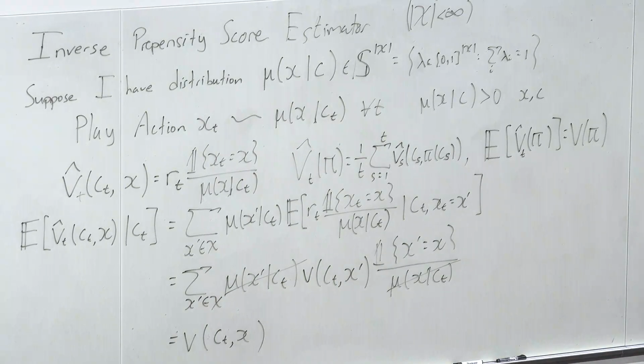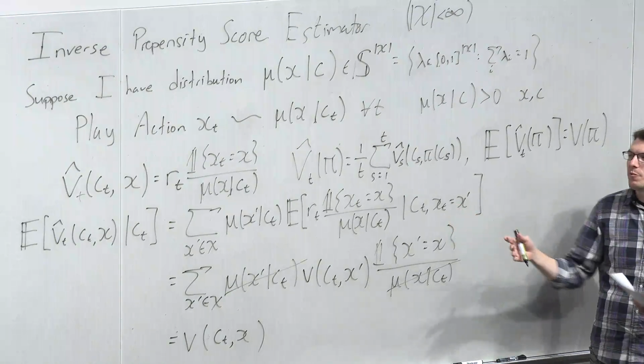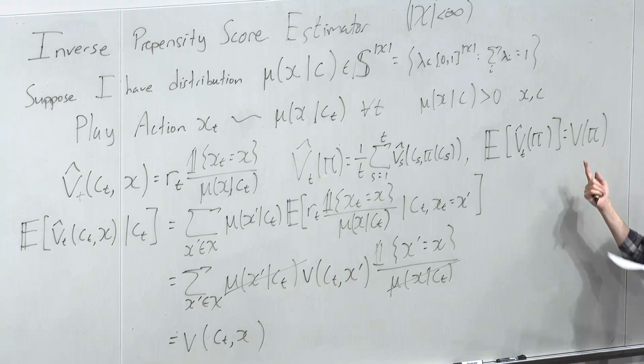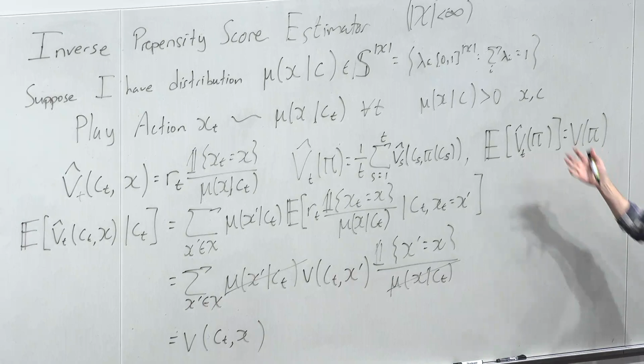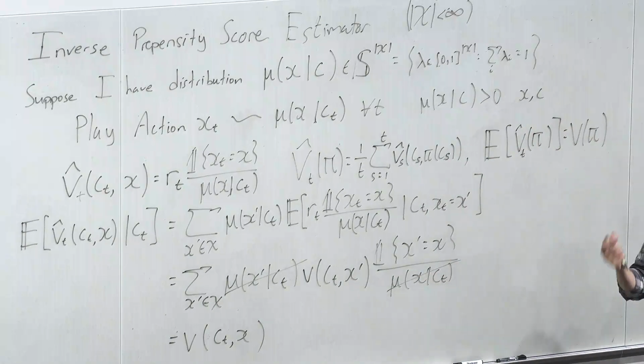And so what this is saying is that once we've seen many, many time steps of this policy, we can estimate the value of a policy pi for any policy pi, an unbiased estimate of that, just by doing this.